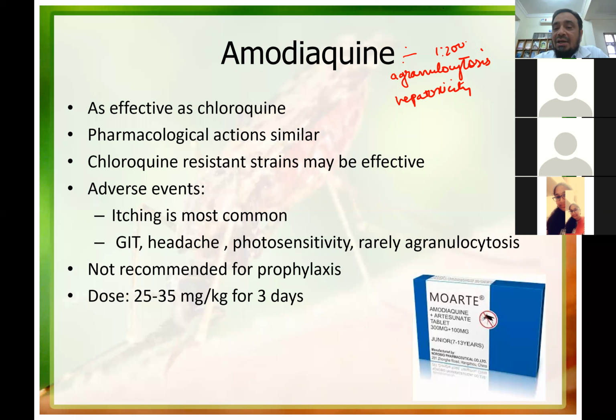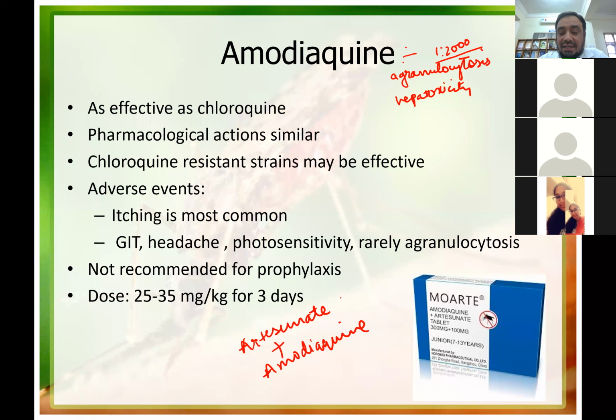Agranulocytosis can occur in 1 in 2000 patients. Okay. Amodiaquine, the most common adverse effect is itching, but it is less than chloroquine. One important thing about amodiaquine is not given as a single drug, okay, because of the chances of resistance. It is always combined with artesunate. So artesunate is an artemisinin compound which is combined with amodiaquine.